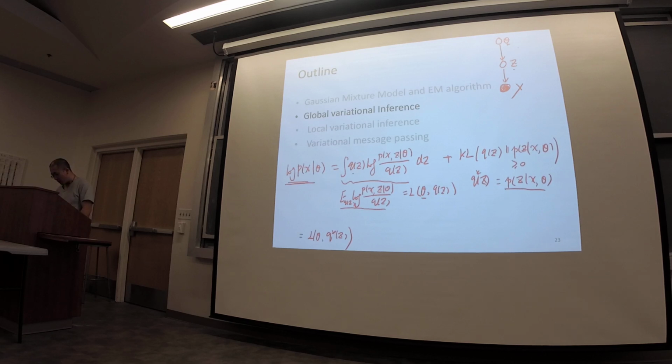At this choice, the lower bound equals the log evidence. Now I fix Q of z to be this Q star z, and then I optimize this lower bound with respect to theta only. Obviously, after maximization, I increase the lower bound. Suppose I find some maximum value of this lower bound; the corresponding optimal theta will be denoted as theta new.